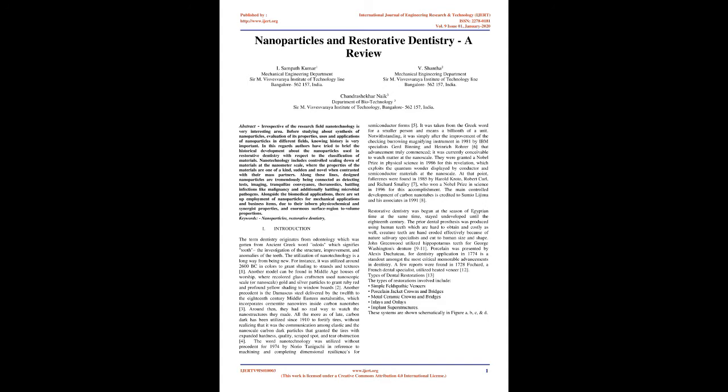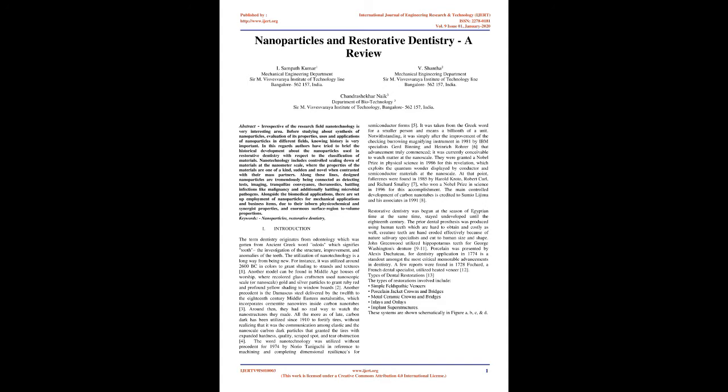Restorative dentistry was begun in the era of Egyptian times. However, it remained undeveloped until the 18th century. The earlier dental prosthesis was produced using human teeth, which are hard to obtain and costly as well. Animal teeth are easily worn down by the action of salivary agents and were cut to human size and shape.